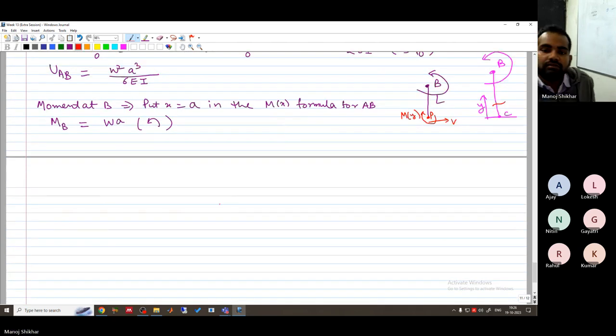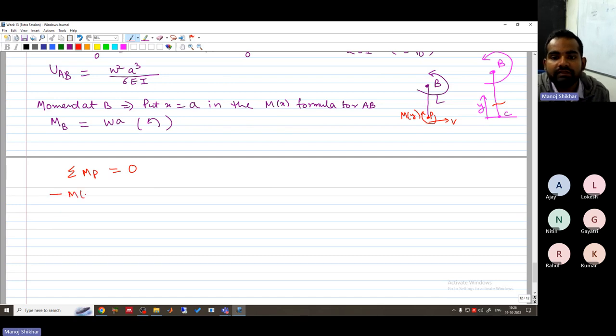So summation of moment about P equal to 0. Let's do that: minus My plus MB equal to 0, assuming counterclockwise is positive.